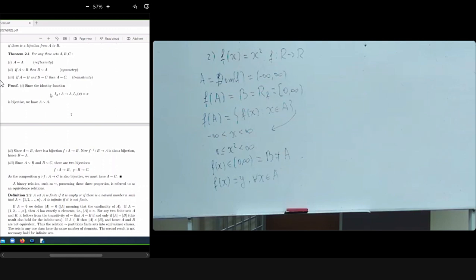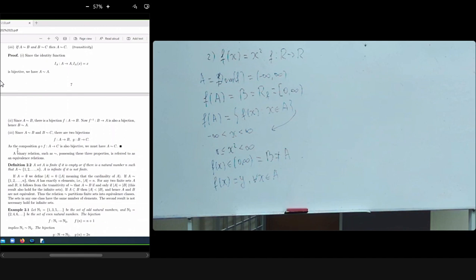So that's why, for this case, of course, we have the composition function. So this one is an example for the composition function, okay? Because here also they say composing. You see, A equivalent to B, B equivalent to C means f maps A to B, g maps B to C. Then the composite function mapping from A to C is also bijective.